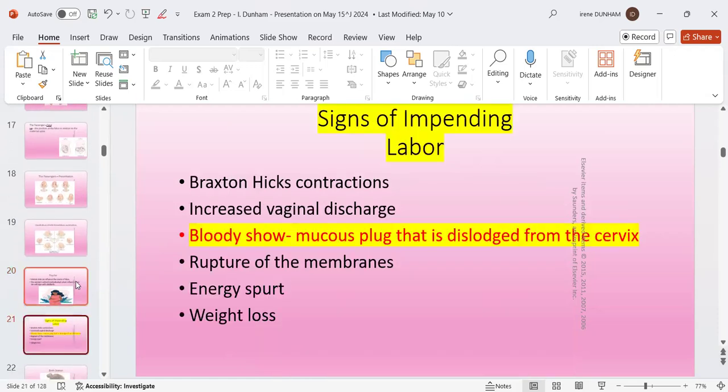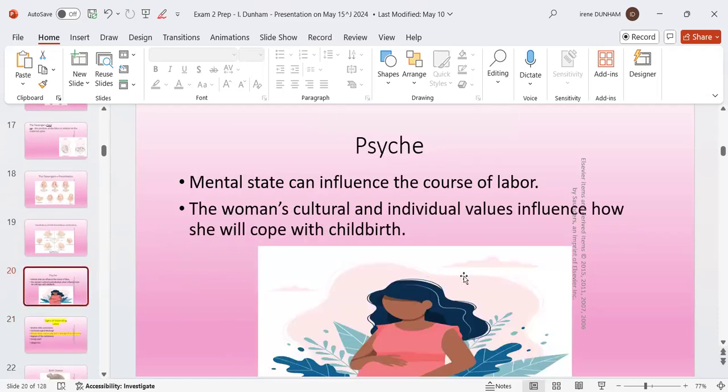Okay, now if she's by herself on this, let me go back to here. I want to make sure I cover this. If she's by herself, she can hire a doula. So DOULA, write that down. You will see that again. And so the doula is an advocate for the patient. Okay, so what a doula does is she'll support whatever the patient wants.